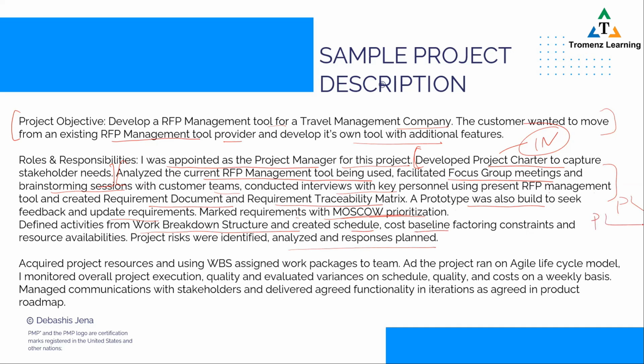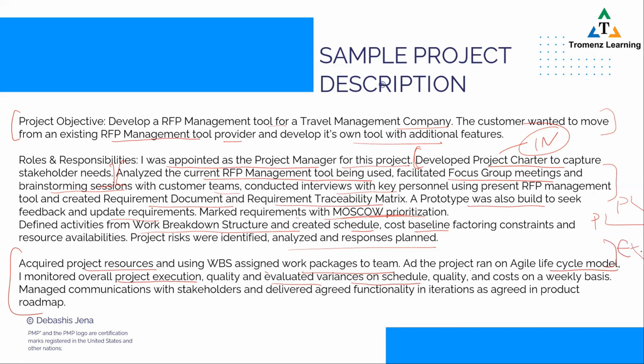So planning is covered. Then the next: acquired project resources using WBS and assigned work packages to the team. That's execution. The project ran on an Agile lifecycle model, monitored overall project execution and quality, and evaluated variances on the schedule.